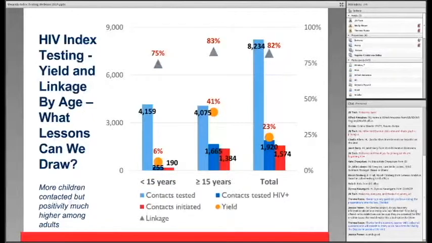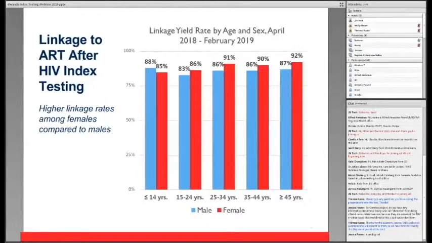You would like to know that the average is 23%, but largely that is being diluted because of the input from the data among children. If we consider adults alone, we would have a positivity of actually 41%. The average, of course, comes down to 23%.